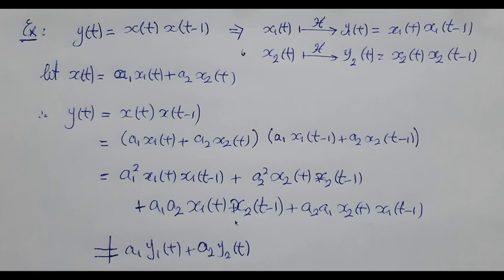First of all, these cross terms will make the system nonlinear. Additionally, we are expecting a1 y1, not a1 squared y1, and not a2 squared y2. So this system is non-linear. These two examples are good examples that will help us learn and understand linearity.